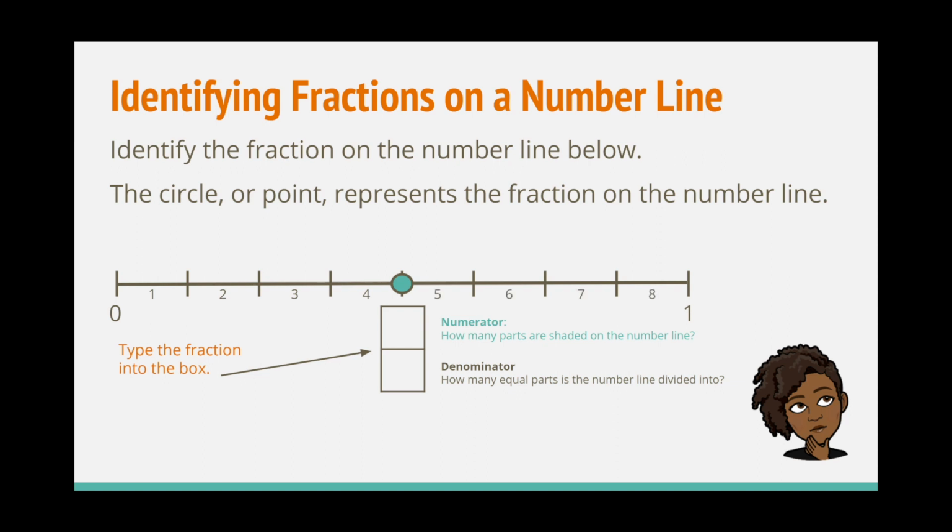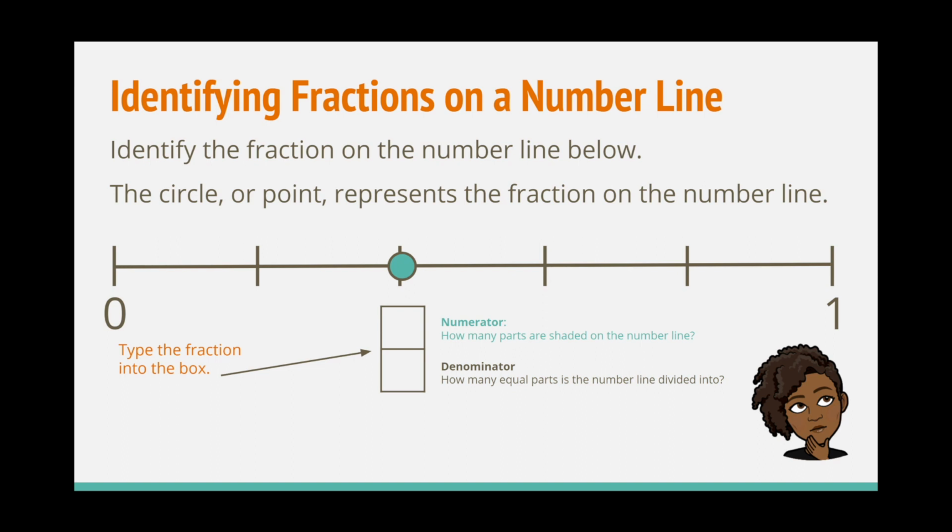So my denominator, or the bottom number of the fraction, is going to be 8. Now I need to figure out the numerator, or the top number. We don't have the fraction model to help us count the parts, so I'm going to count the spaces on the number line, or the parts. 1, 2, 3, 4. That's where it stops. So my numerator is 4, and the fraction is 4/8.